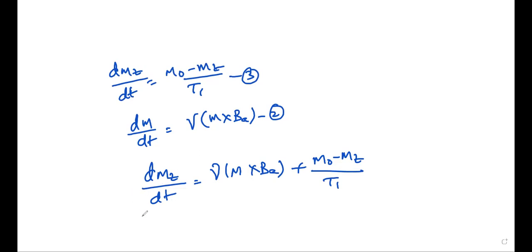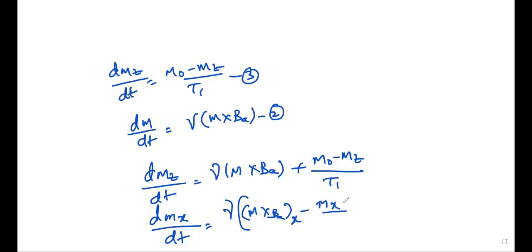So dMx by dt is equal to gamma into (M cross B)x minus Mx by T2.